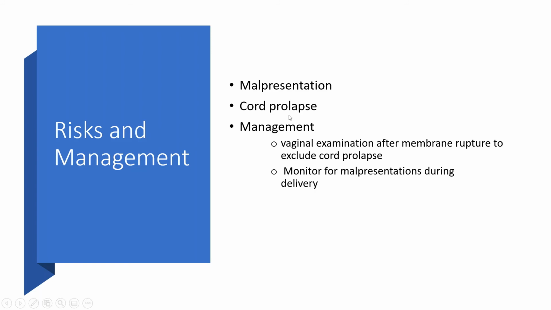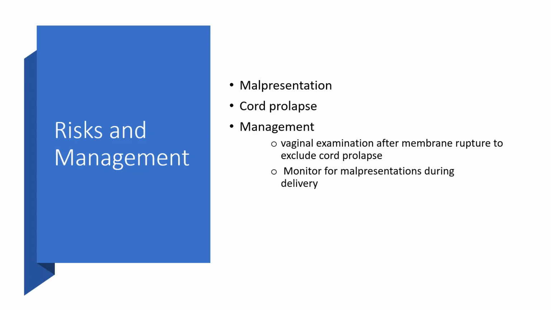Then the other is cord prolapse, right? Think about the situation. The baby has a lot of amniotic fluid, so when the membrane ruptures, the umbilical cord is floating in the amniotic fluid. So it will go before the head. It will enter the maternal vaginal tract before the head. So that is cord prolapse.